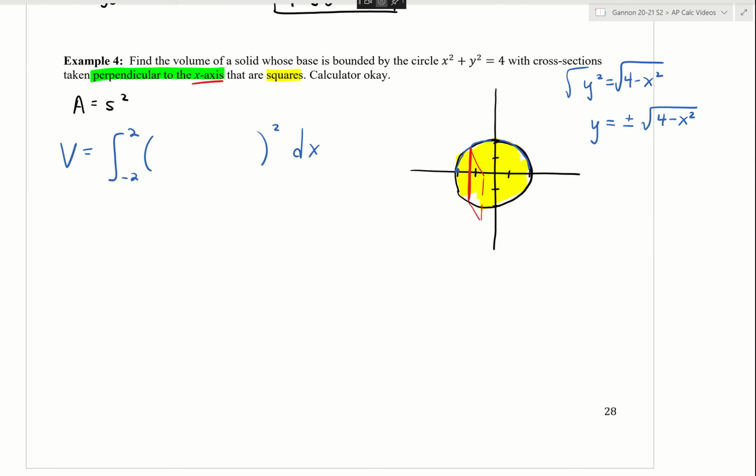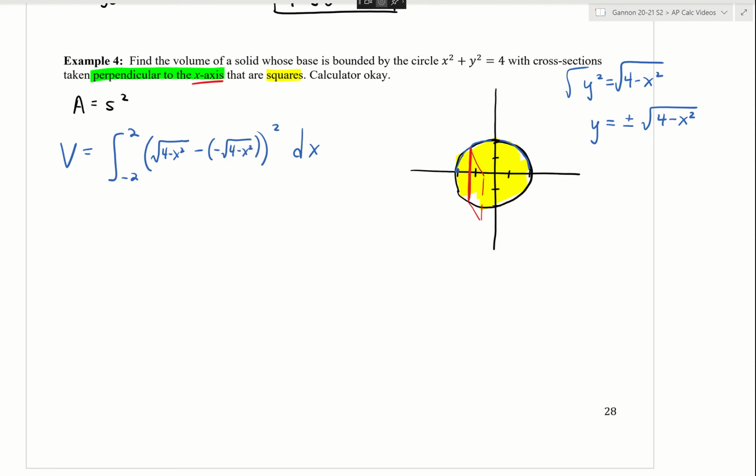Now, you can come up with this formula inside the parentheses a couple of different ways. I mean, you really can stick strictly to the top minus bottom. And what that's going to look like is the square root of 4 minus x squared minus negative square root of 4 minus x squared.